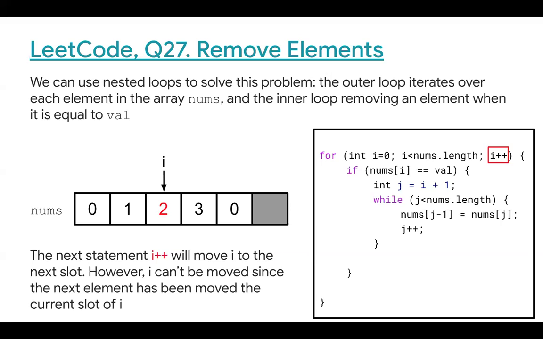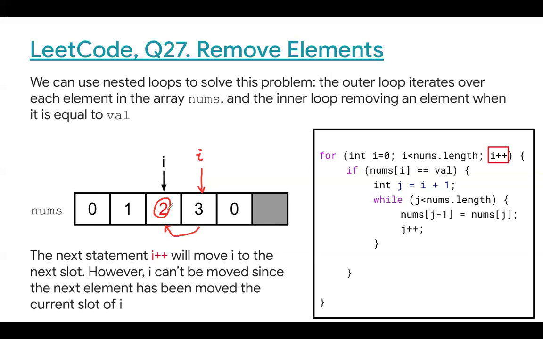What is the problem? The problem is the next statement i++ will move our pointer i to the next slot, which is here. Let me get my pen here. However, we can't do that, or i can't be moved, because the next element is this one. This element was moved from this position to this position.